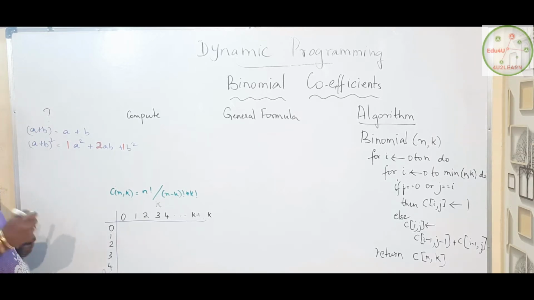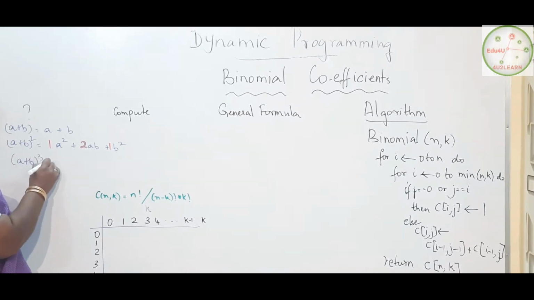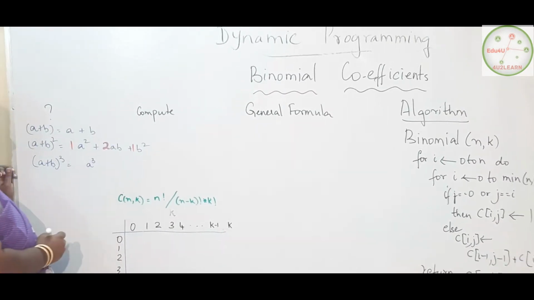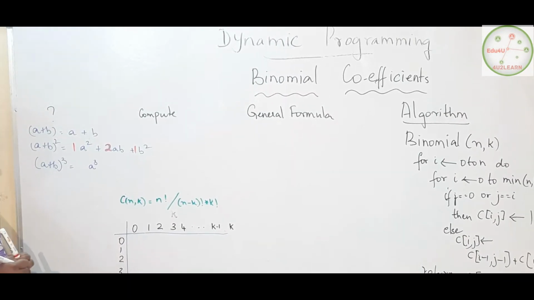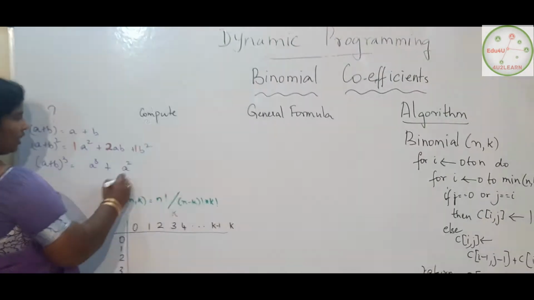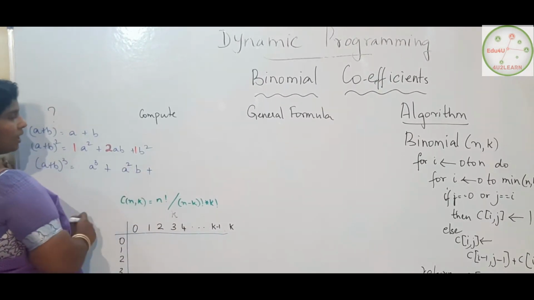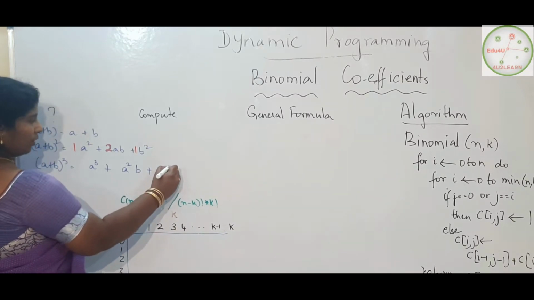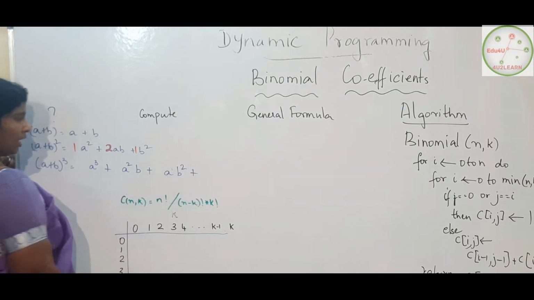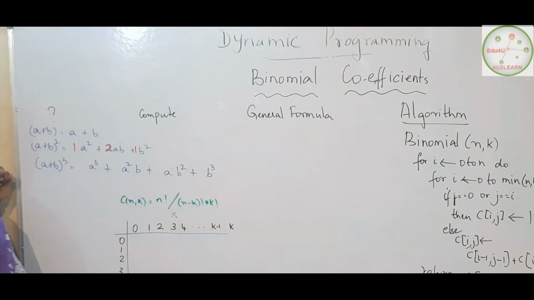Further, we know that a plus b the whole cube has a factor of a cube, plus some number times a squared b, plus some number times a times b square, plus b cube.